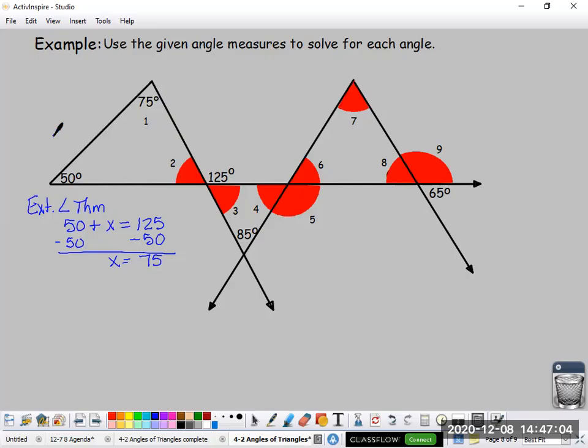Now I can use the triangle sum theorem to find angle 2. Now if you see other shortcuts to use, then you use those shortcuts. So we can go 50 plus 75 plus our unknown equals 180. We already know 50 and 75 are the 125.